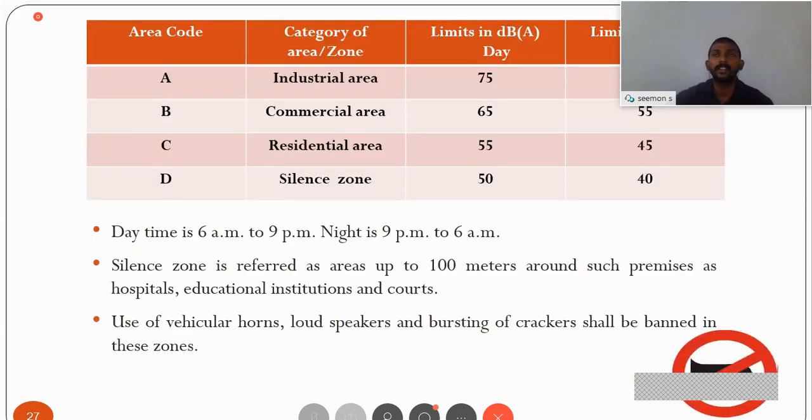And this is the standard given by the Central Pollution Control Board of India. For an industrial area, daytime is 75 and night is 70. Day is considered from morning 6 to 9 p.m., and night is considered from 9 p.m. to next day 6 a.m. And for the commercial area it is given 65, the residential area 55, and for the silent zone it is given 50, and at night 40.